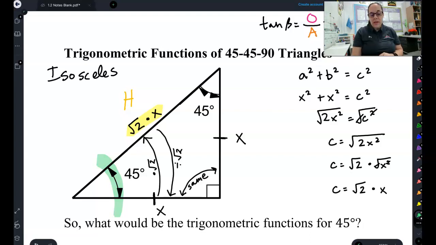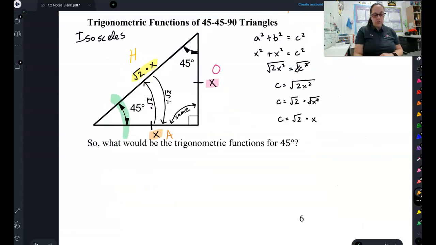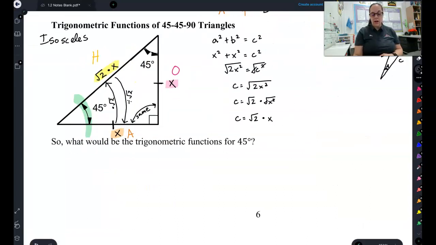It doesn't particularly matter because they're both 45, but let's just pick that one so we're all on the same page. So that means opposite is across from that angle. There's my opposite side. And adjacent is what's left. There's my adjacent side.